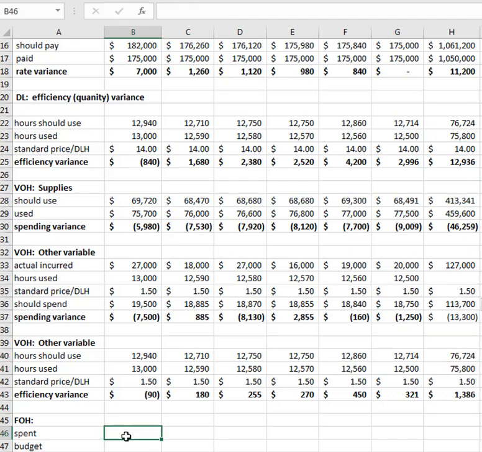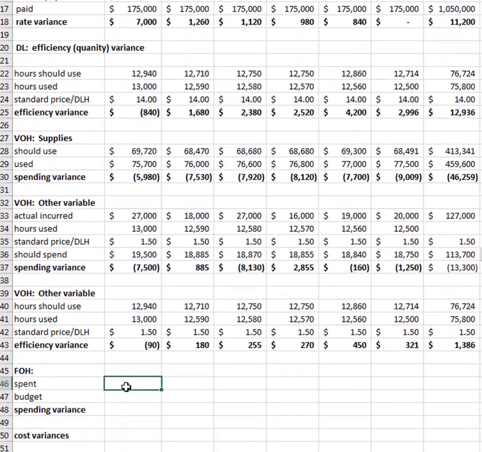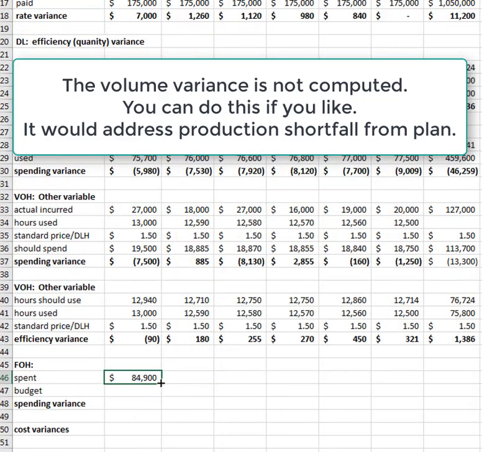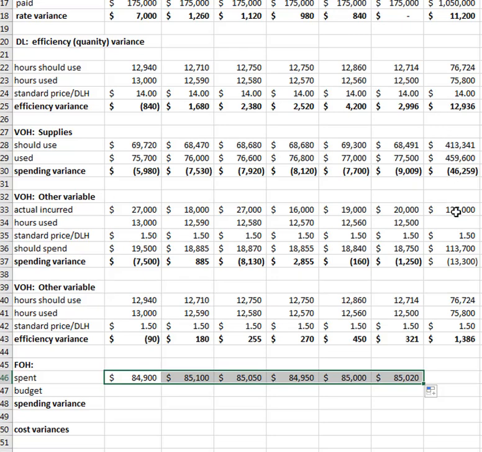So let's look at the spending side of the fixed overhead budget. So they tell you what they spent. And we can sum that up.